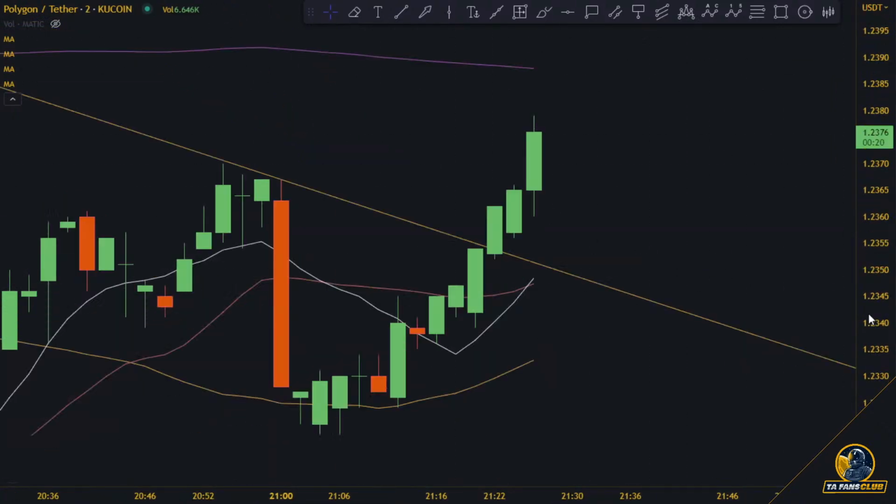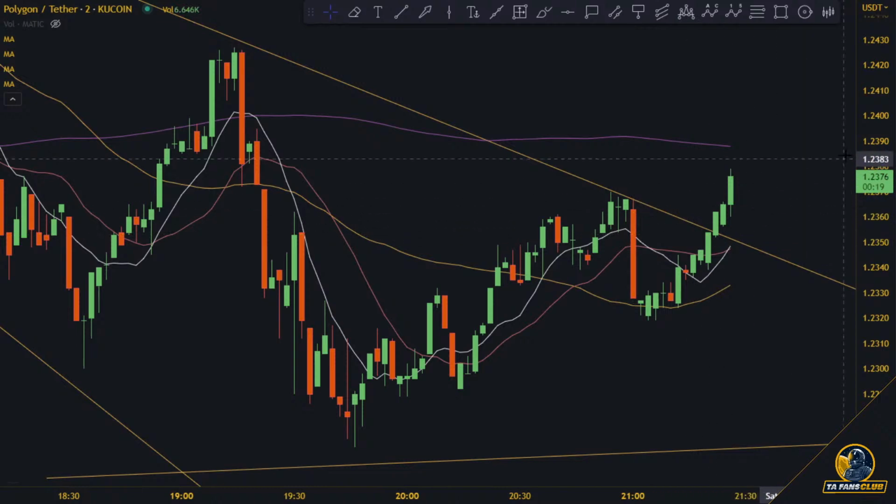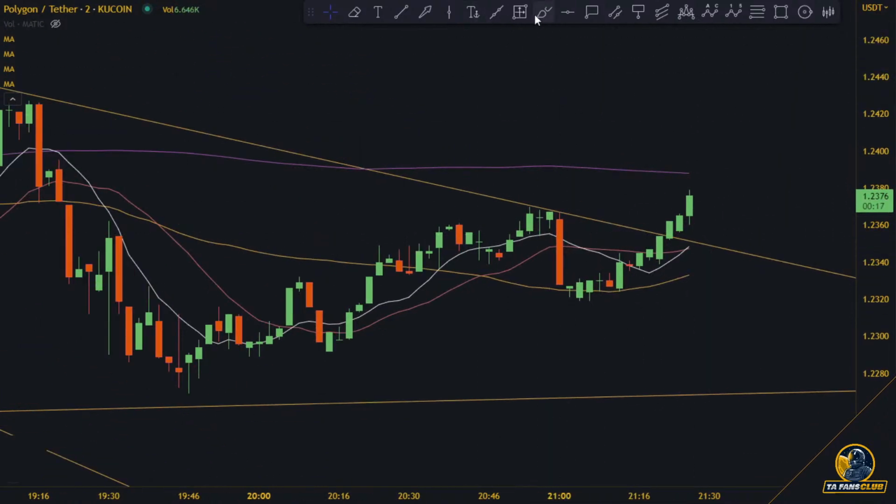Hitting the resistance. It kind of looks bullish up here.